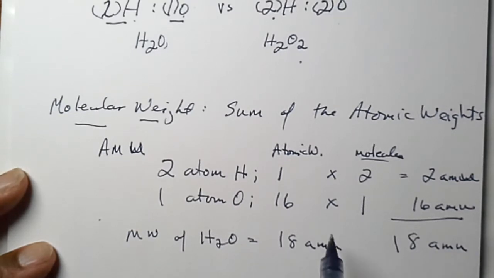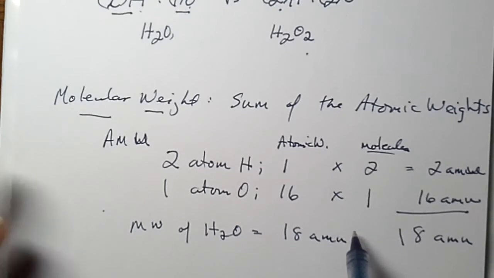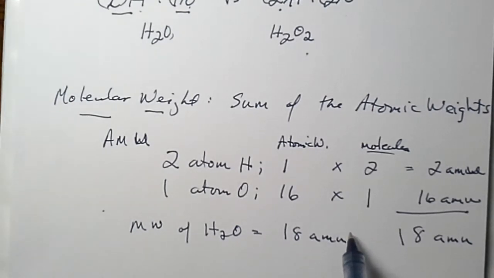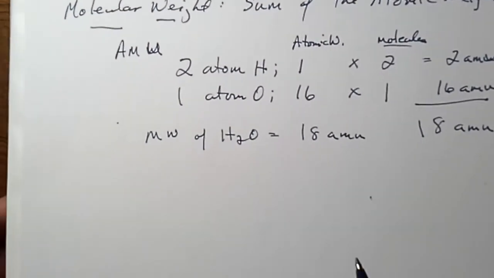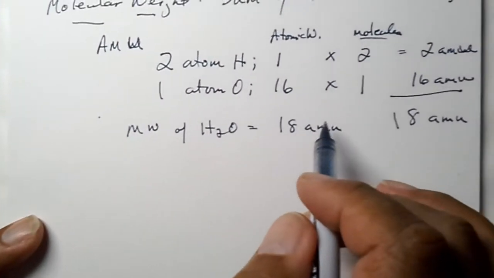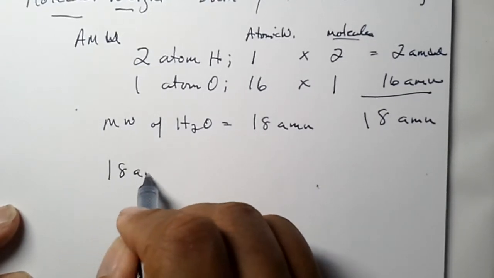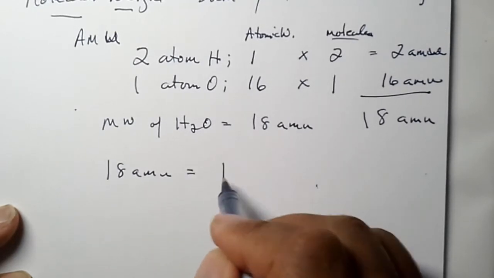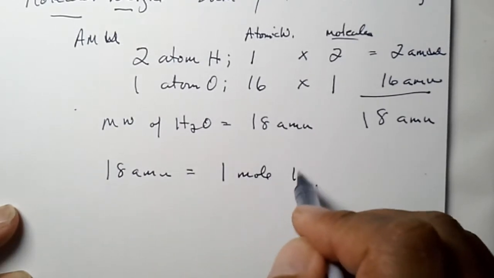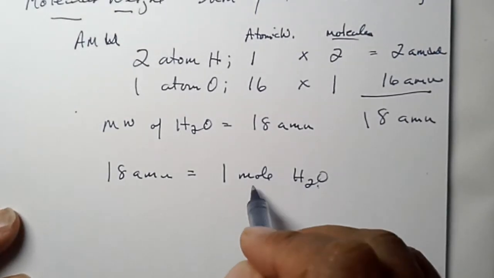And we'll look at it later, but you'll find out that 18 atomic mass units is equivalent to 1 mole of water. All right, and what is a mole?